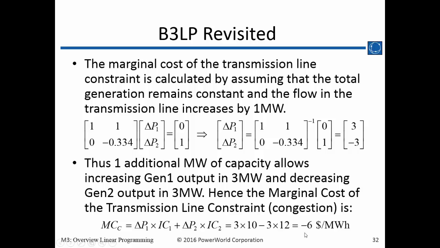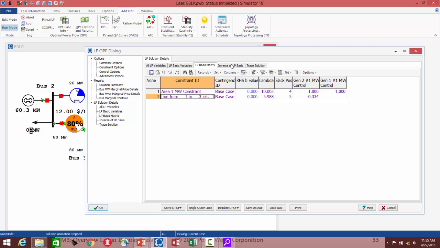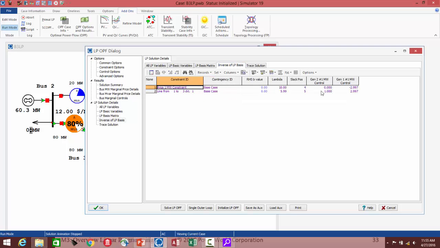So you get the -6 right there. Okay, and you can see those quantities on the inverse of the LP basis tab right here.